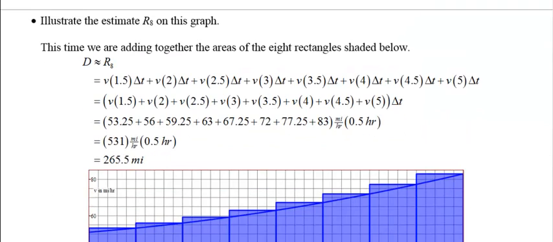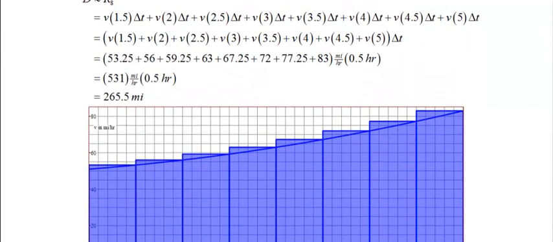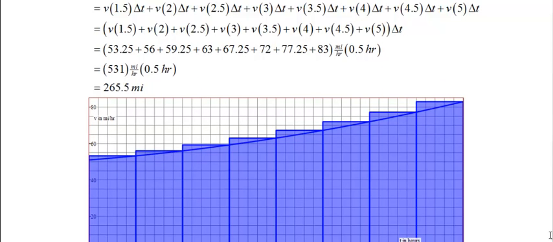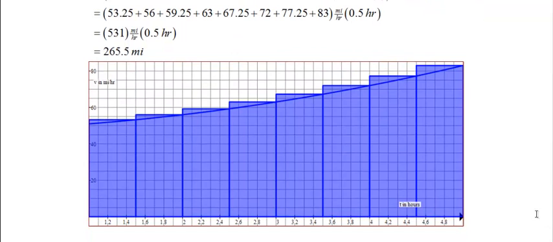Okay, I guess next would be the right with 8 units. In this case, we factored out the 0.5, half an hour, and we just added up the heights, which is basically the same as adding up all the heights and then multiplying by that common width. But anyway, the total at the end, 265.5, is a sum of the areas of all of these rectangles.